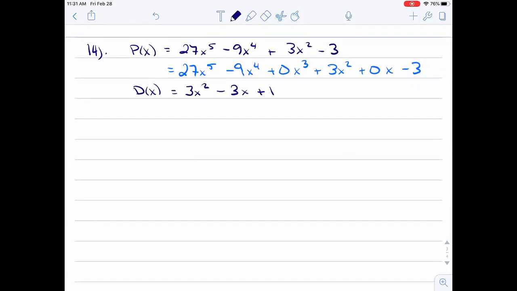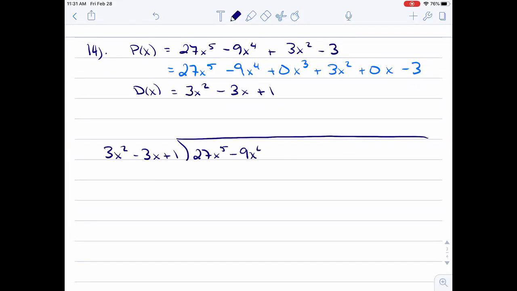So I've got 3x squared minus 3x plus 1 going into that huge expanded one with all the powers: 27x to the 5 minus 9x to the 4 plus 0x to the 3 plus 3x squared plus 0x minus 3. This would be very difficult to deal with if we didn't have long division. So here we go. You guys ready?